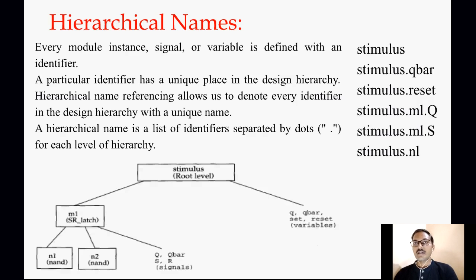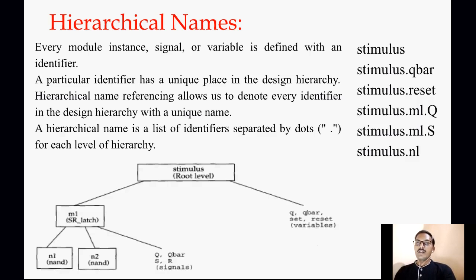Then next is the hierarchical name. Every module instance, signal, or variable is defined with an identifier. A particular identifier has a unique place in the design hierarchy. Hierarchical name referencing allows us to denote every identifier in the design hierarchy with a unique name.